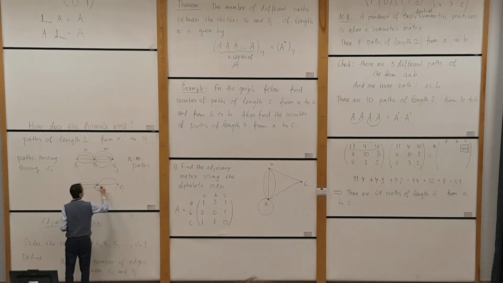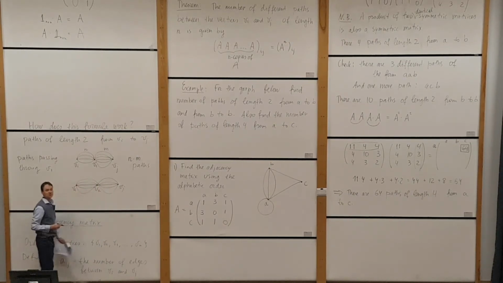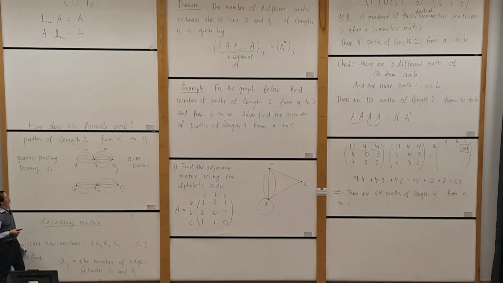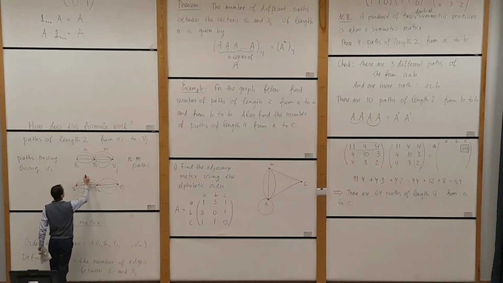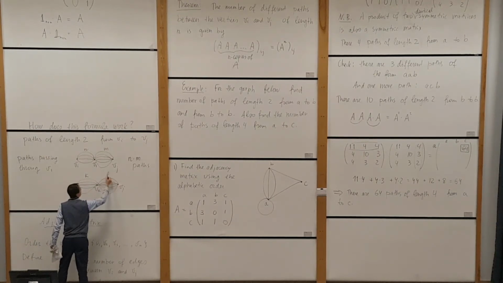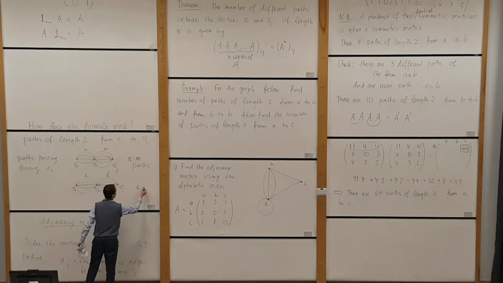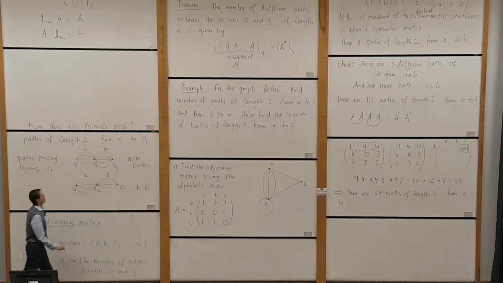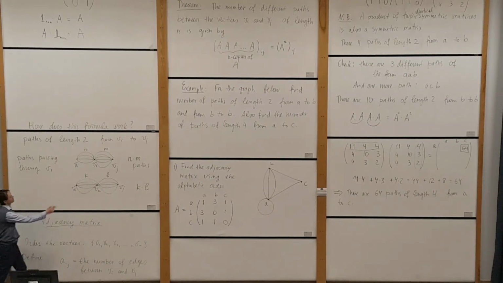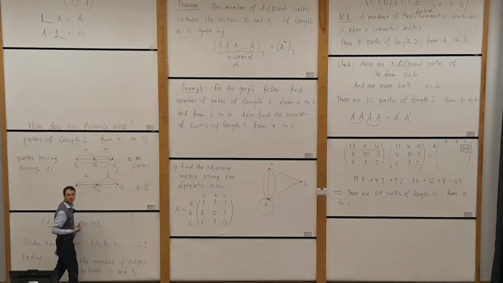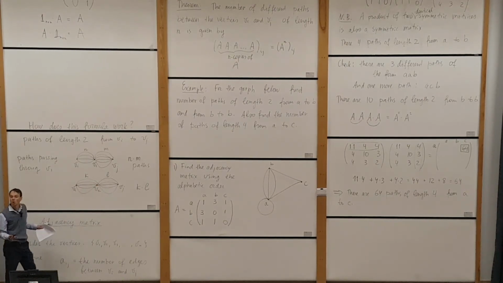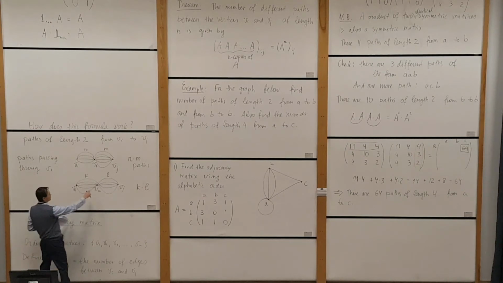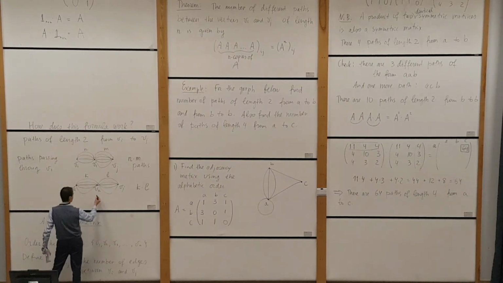I may have multiple edges in the same positions, and say here I have k and I have l, I should multiply my choices. So if I have k edges of the first type, l edges of the second, I should multiply my choices to count all paths for which the intermediate vertex is V2. And I should do it for all other intermediate vertices. Right?